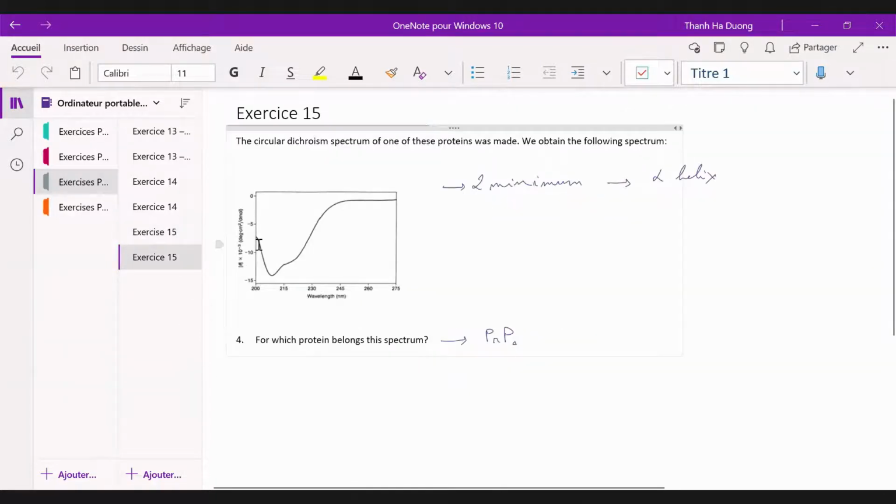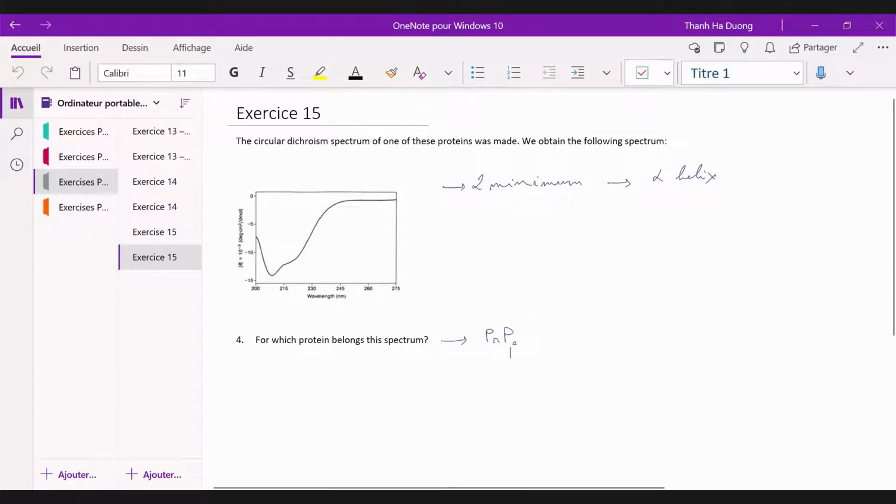Okay, and record the CD spectrum. You observe two minimum around 200 nanometer, which correspond to the alpha helix. So if we know that this spectrum belongs to PrPC.